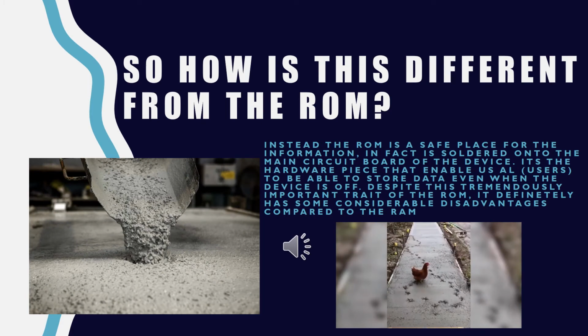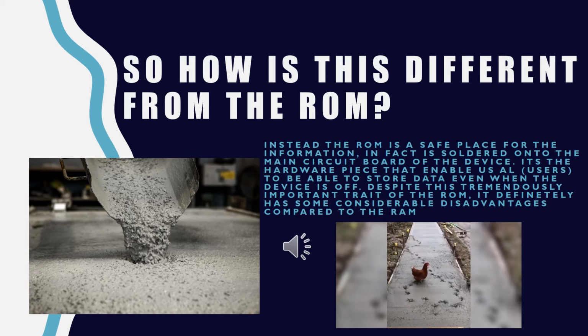So how is what I explained about the RAM different from the ROM? Basically, the ROM is a safe place for information, it is what enables all the users of electronic devices to store information permanently through time and regardless of whether the device is turned on or off. So that's why I used these pictures of fresh concrete as an example, a daily life example that resembles the ROM.